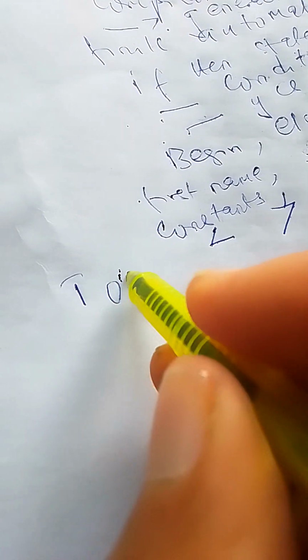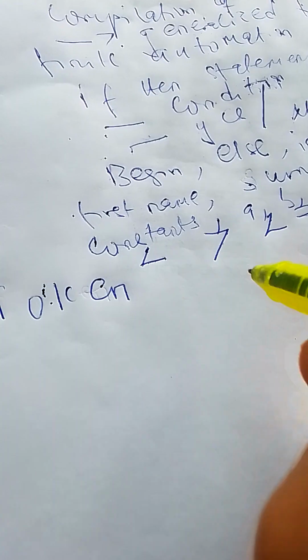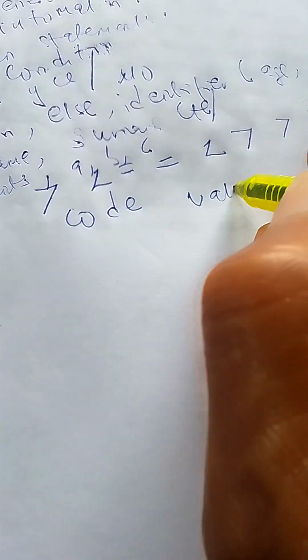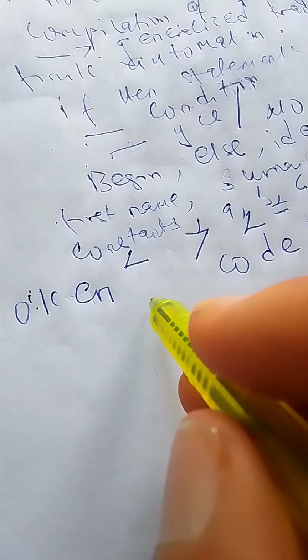So we can draw a table of recognizers with the columns token, code, and value of the token.